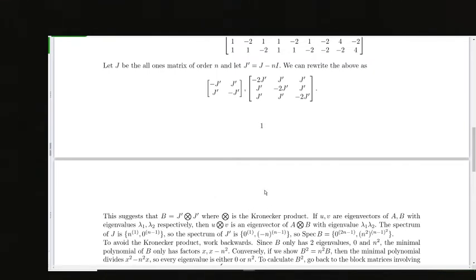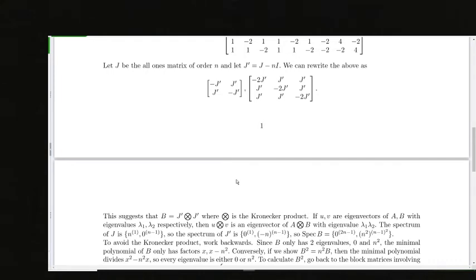We can define the Kronecker product A times B as starting with the matrix A, then for every entry in the matrix, replace it with that entry times the whole matrix B. You'll have just a bunch of copies of B, one for each entry of A, scaled by that entry of A. And again, this is a bunch of computation, a little bit of symbol manipulation, to show that this is actually the case.